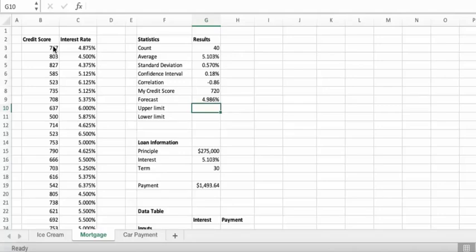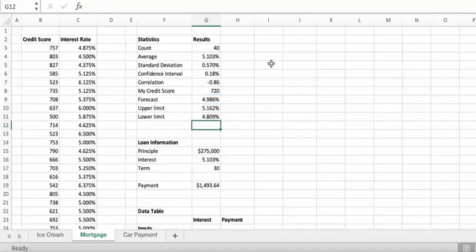And now I can construct sort of a best case and a worst case scenario by constructing my confidence interval around my forecast. So I'm going to take my forecasted amount here and I'm going to add my confidence interval to it to tell me my worst case scenario for interest rate. And I'll do the same thing for my best case scenario by subtracting my confidence interval calculation from my forecasted amount.